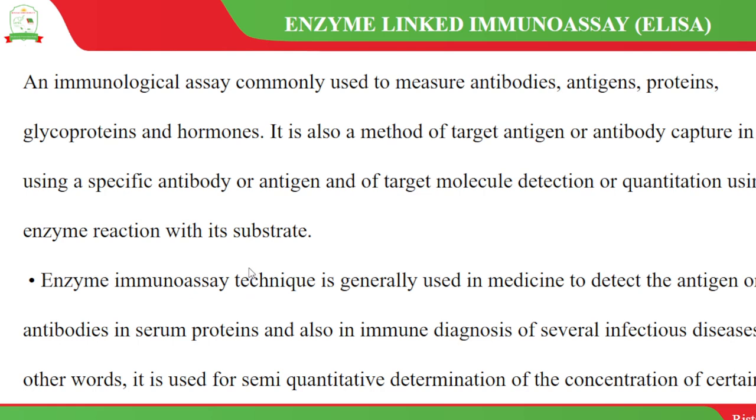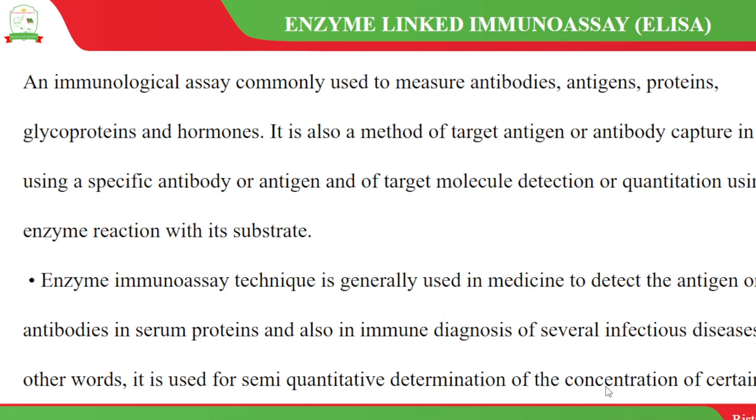This technique is generally used in medicine to detect antigens or antibodies in the serum, and it is also used for immune diagnosis. So you can get to know how your immune system functions through this immunoassay.